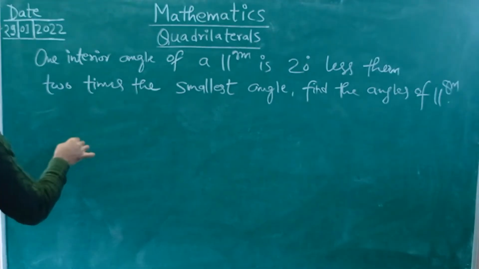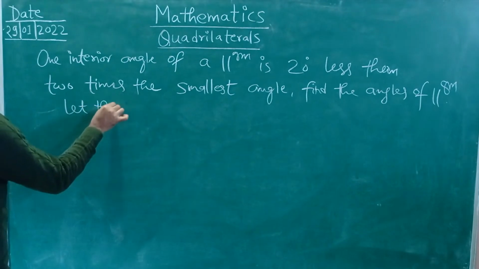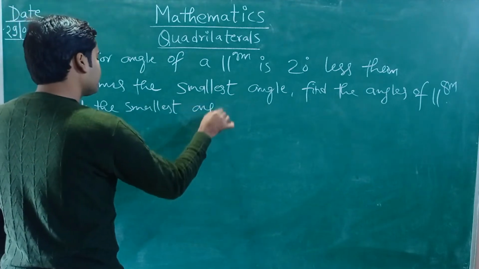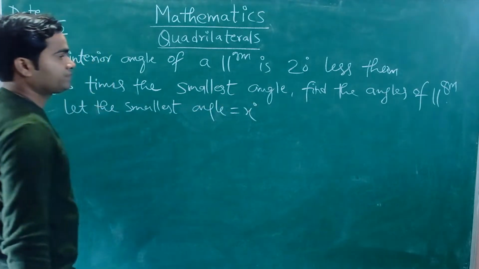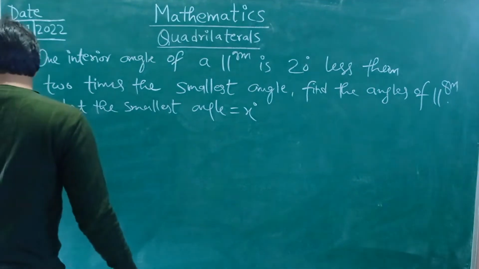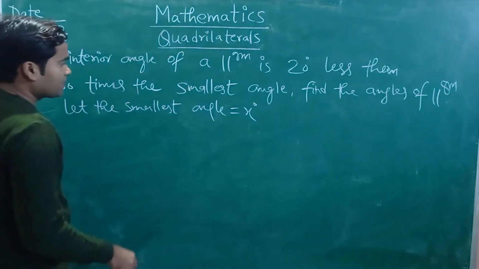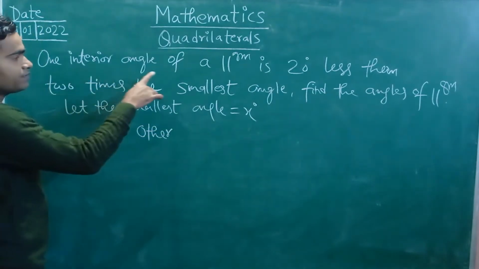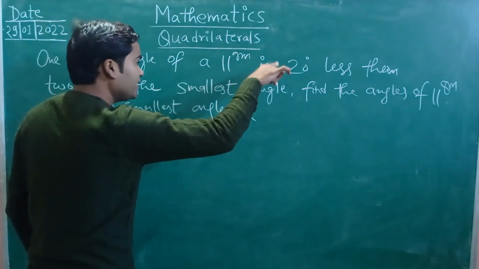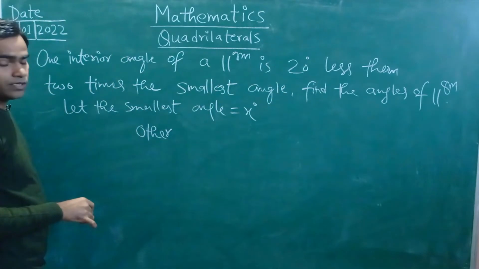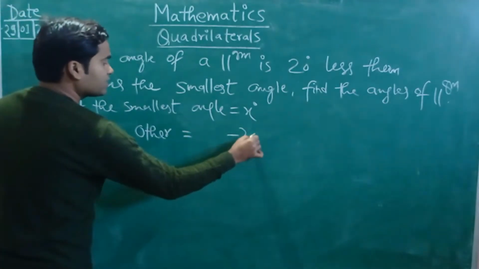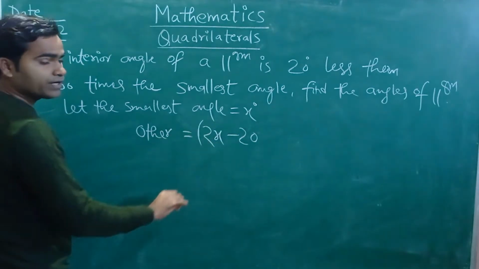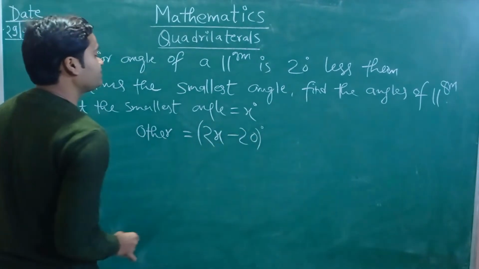So let the smallest angle be x degrees, then the other angle will be, it is given that one interior angle is 20 less than 2 times the smallest. So 2 times smallest will be 2x and 20 less is minus 20.